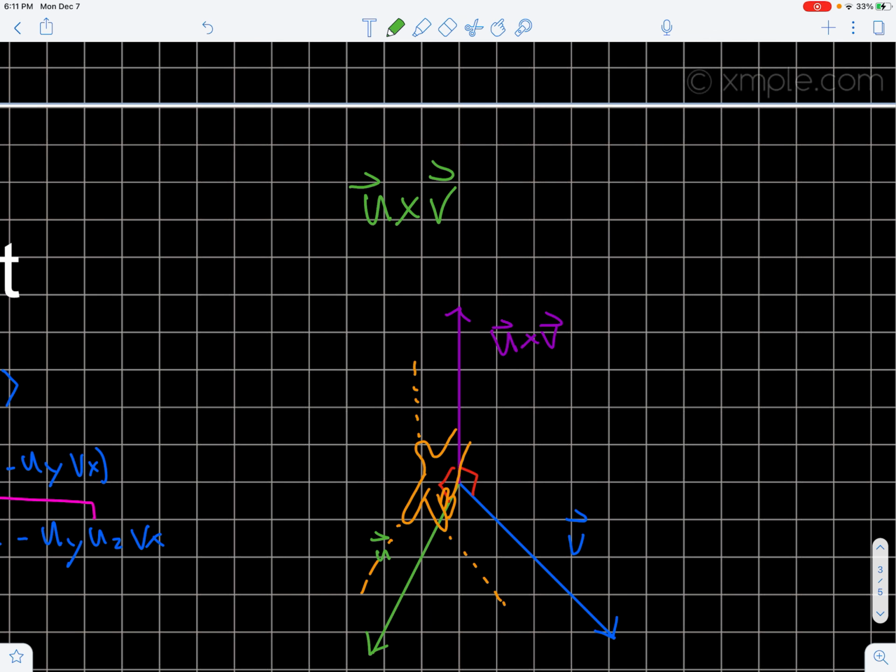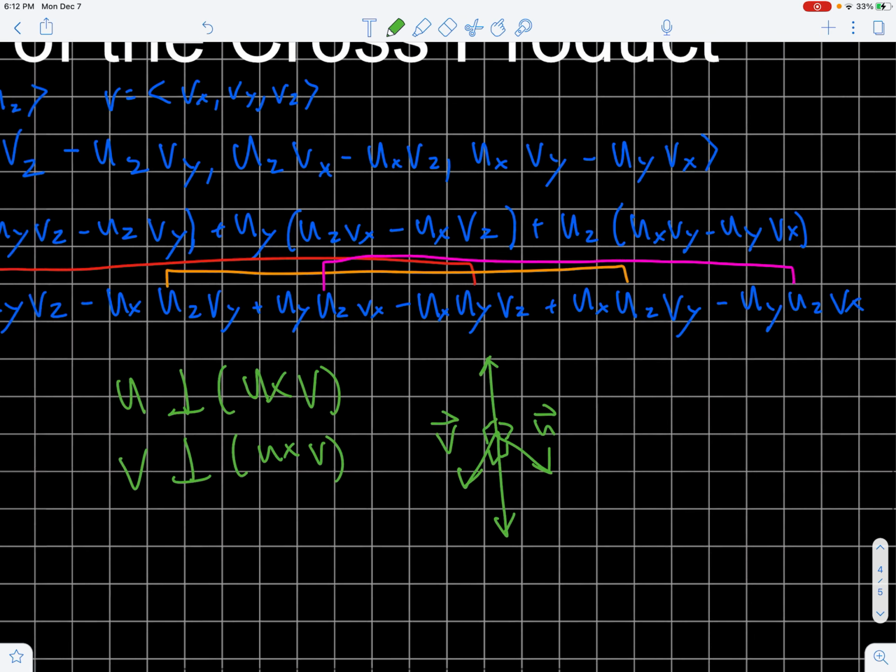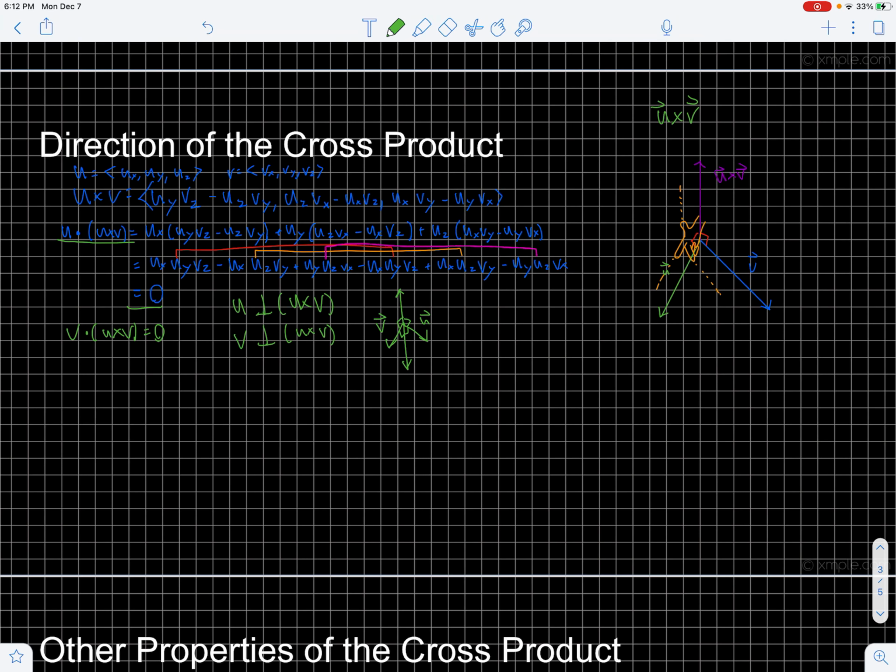We would take our middle finger or our palm and align it with our v vector, and our thumb points upwards or downwards, depending on how your vectors are oriented, towards the cross product. So if you ever forget, just use the right hand rule. It has to be a right hand. It does not work with your left hand. If you do it with your left hand, you'll get it wrong every single time. So that's the right hand rule.